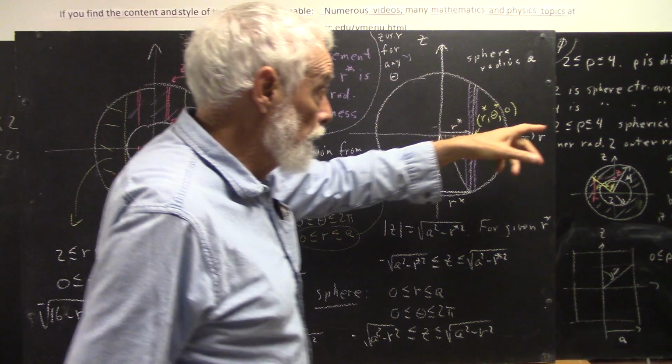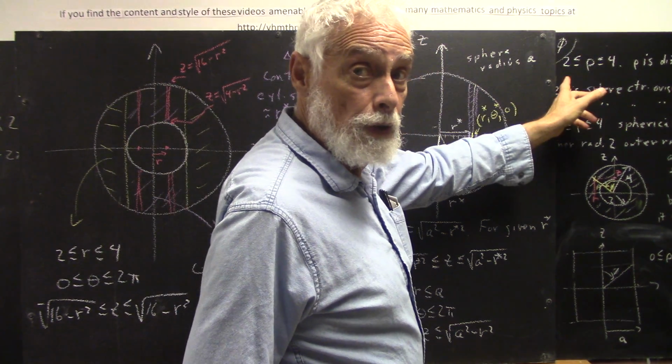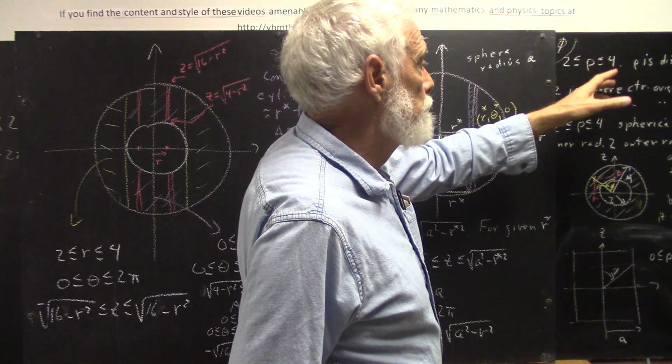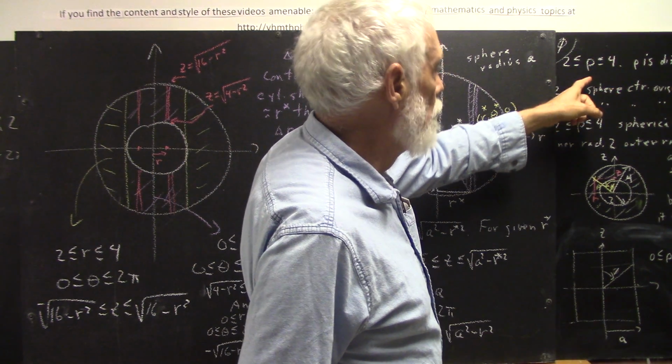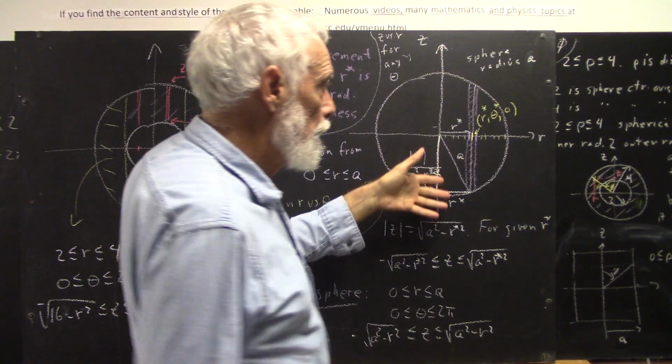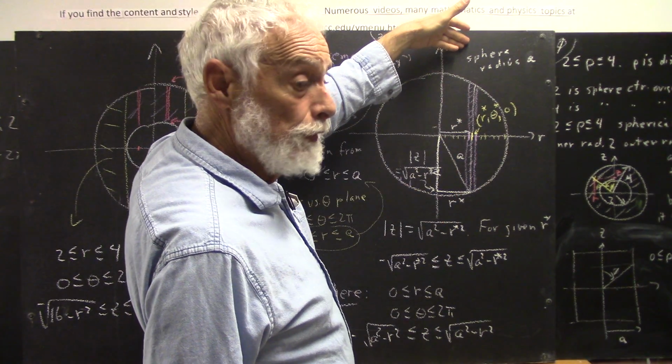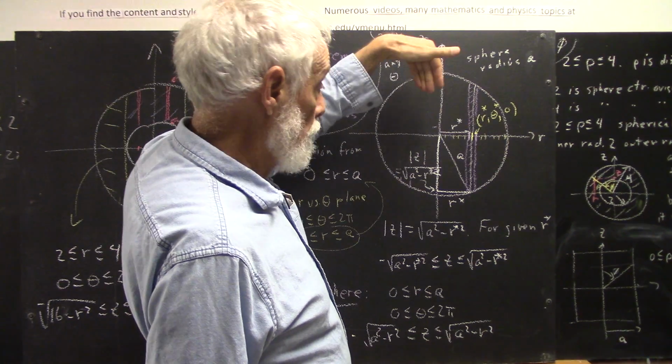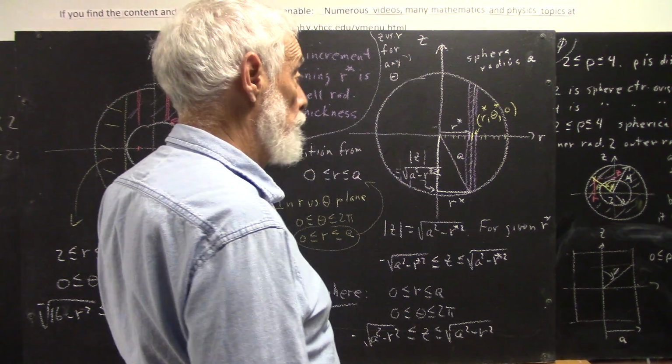So this is just any sphere with the radius A. Now we're going to work this back into the situation we've been talking about, a spherical shell from rho equals 2 to rho equals 4. But right now we want to describe any old sphere of radius A, centered at the origin, in cylindrical coordinates.